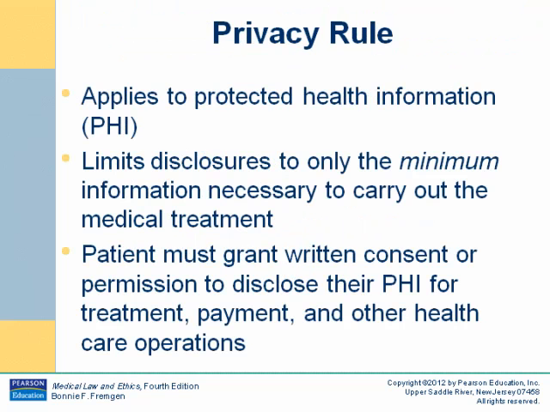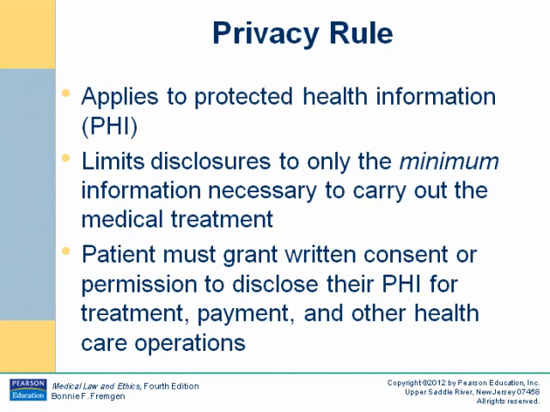Now, what is the privacy rule? It applies to any what we call PHI, protected health information. And pretty much it says that the minimum information may be disclosed in order to carry out medical treatment. You can't give the person who's calling a whole thorough history on the patient that they're treating because the patient hasn't agreed to that.